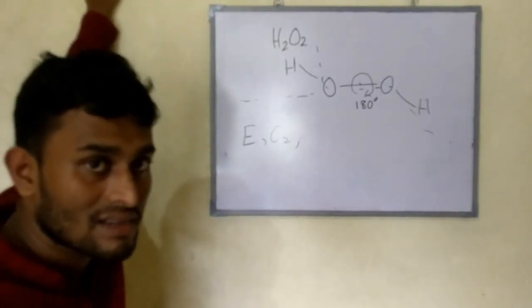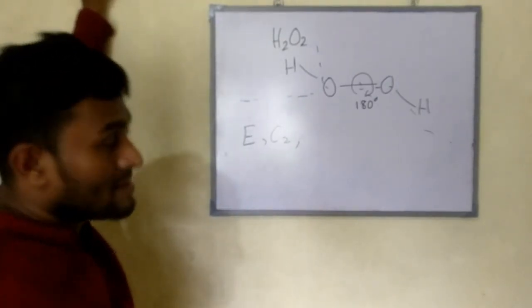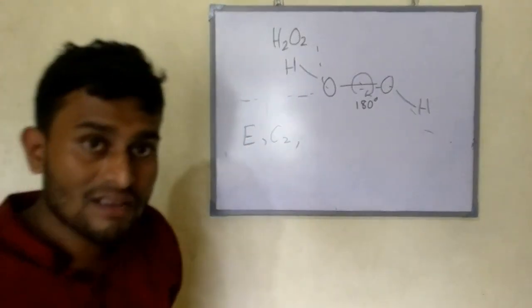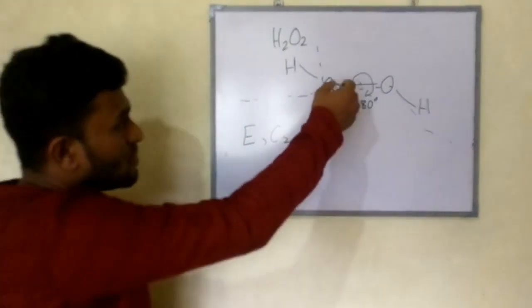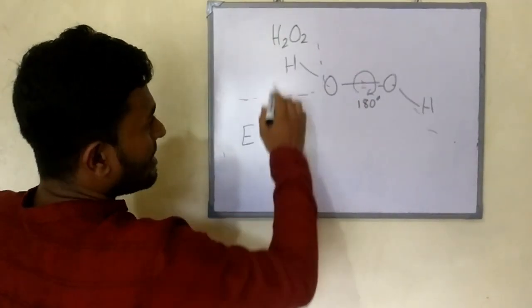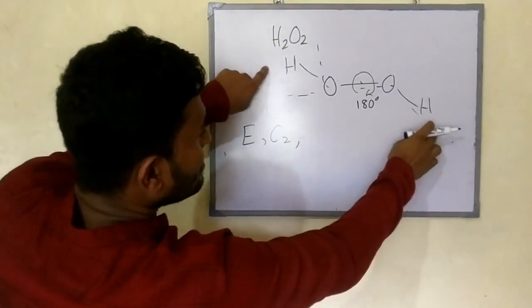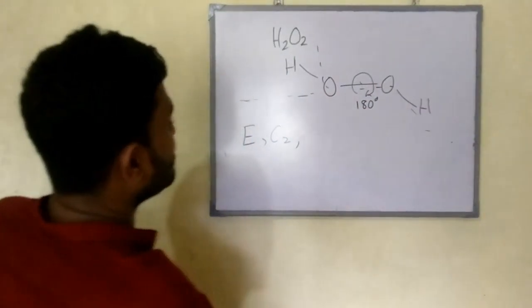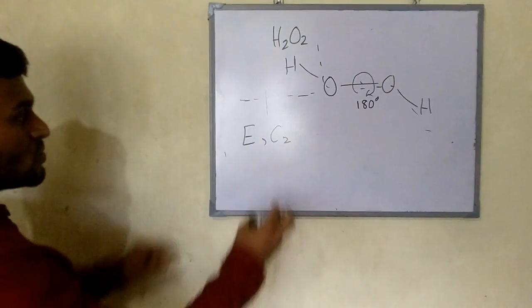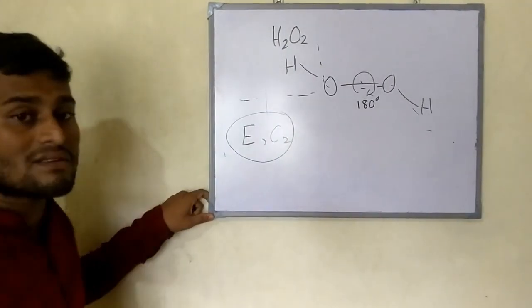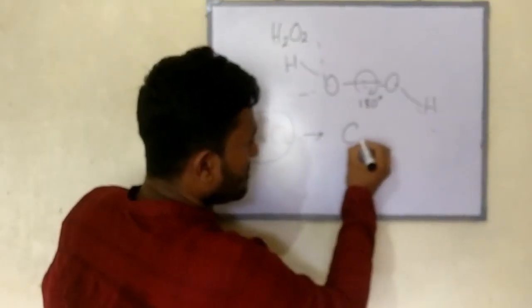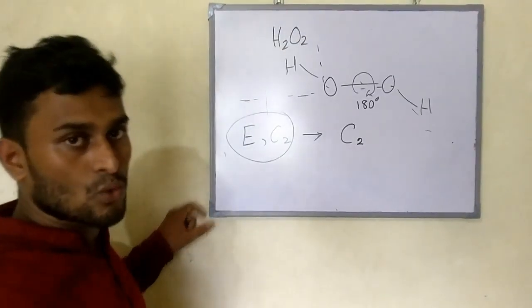So sigma h is also not possible. Then an improper axis is also not possible. I is also not possible. If you draw like this, but in reality these hydrogens are not at the same distance. So I is also absent. So E and C2 are the only possible symmetry elements. So your Schoenfeld symbol will be C2.